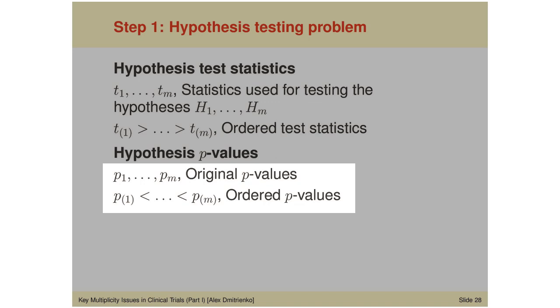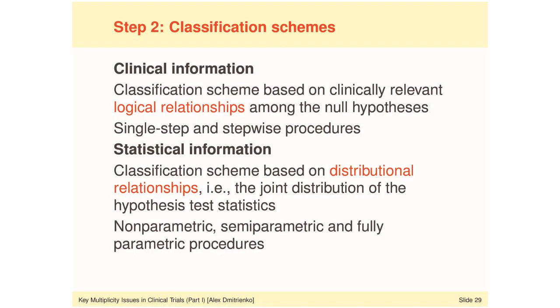Now, as we continue to step 2, the following two classification schemes play an important role in the world of multiple comparisons, and they will help us understand two different sources of information that influence the choice of multiple testing procedures in each individual clinical trial.